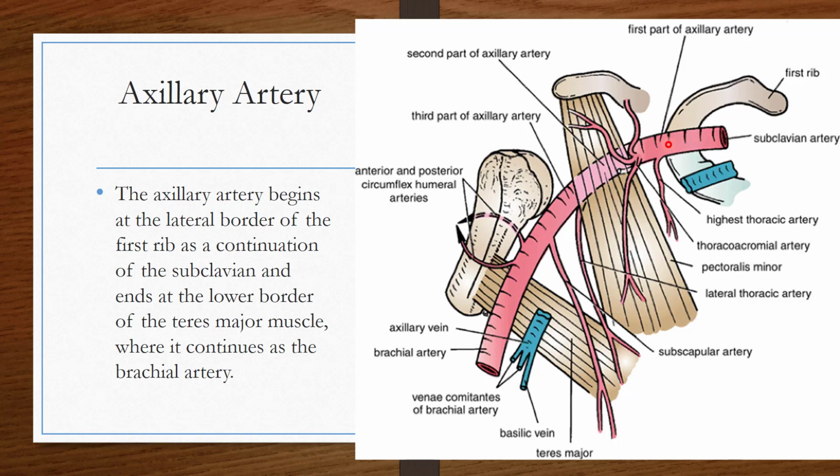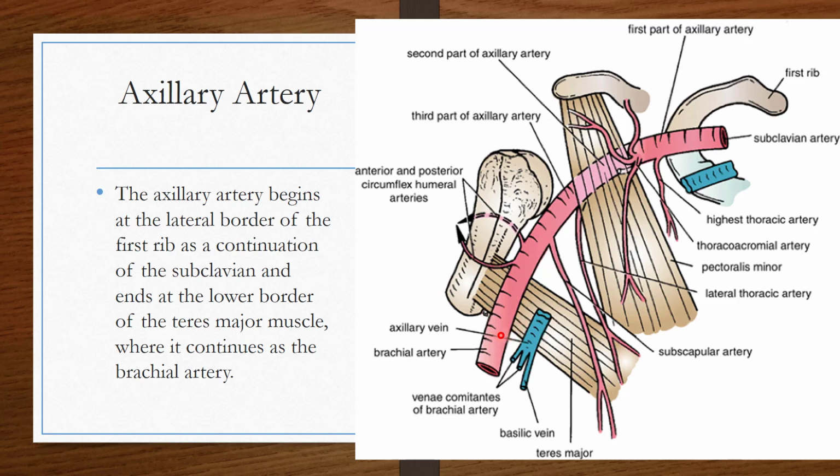When the subclavian artery reaches the outer border of the first rib, it is converted into the axillary artery. And it ends at the lower border of the teres major muscle. See here, this is the teres major muscle and this is the lower border of the teres major muscle.